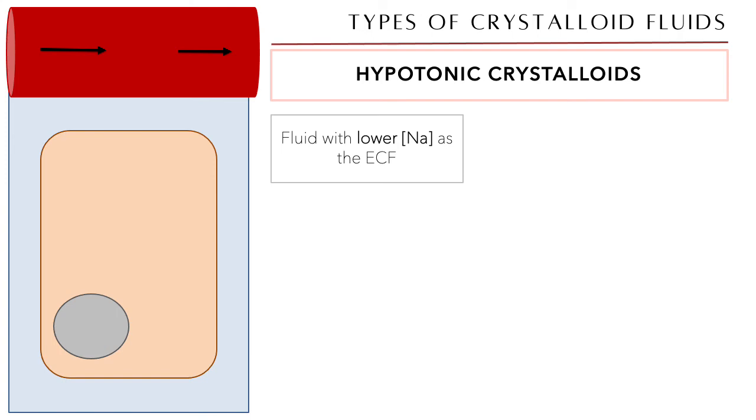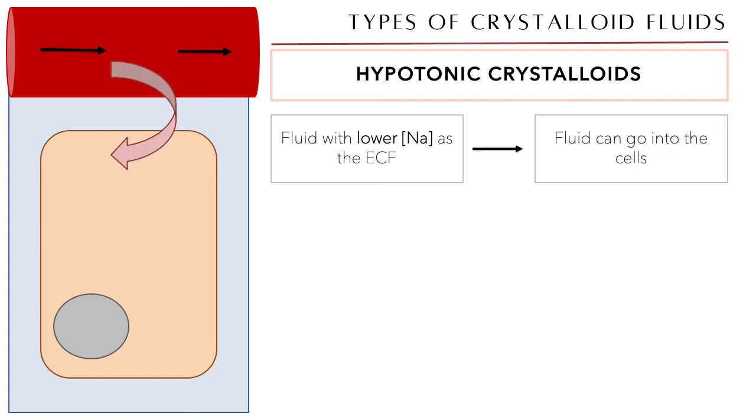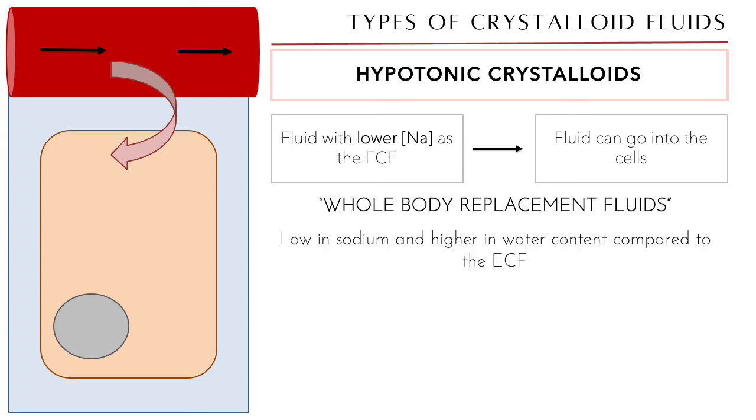If the fluid in the blood vessel has a lower osmolarity as compared to the ones inside the cell, where would the fluid go to maintain homeostasis, to maintain that balancing act? The fluid will go inside the cell, because there is more solute in there. This is why hypotonic crystalloids are called whole body replacement fluids, because the lower osmolality makes them drawn into the cells.